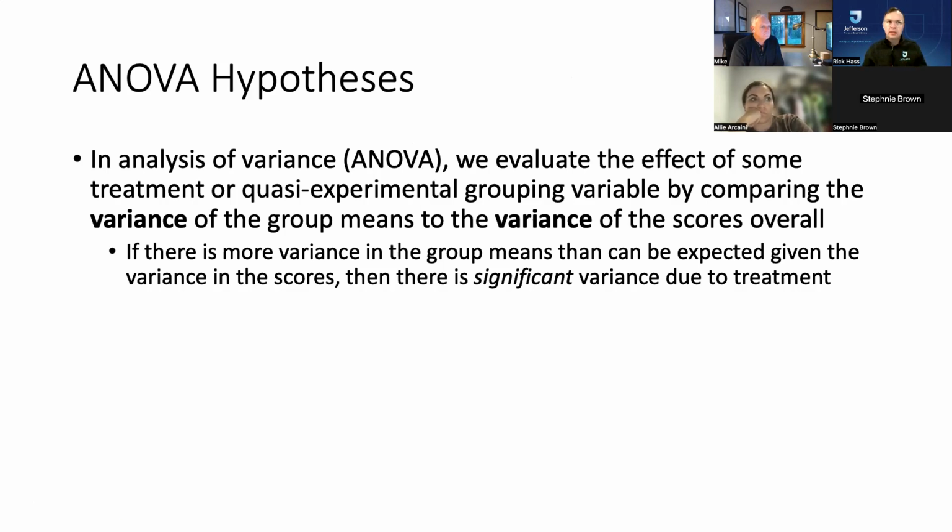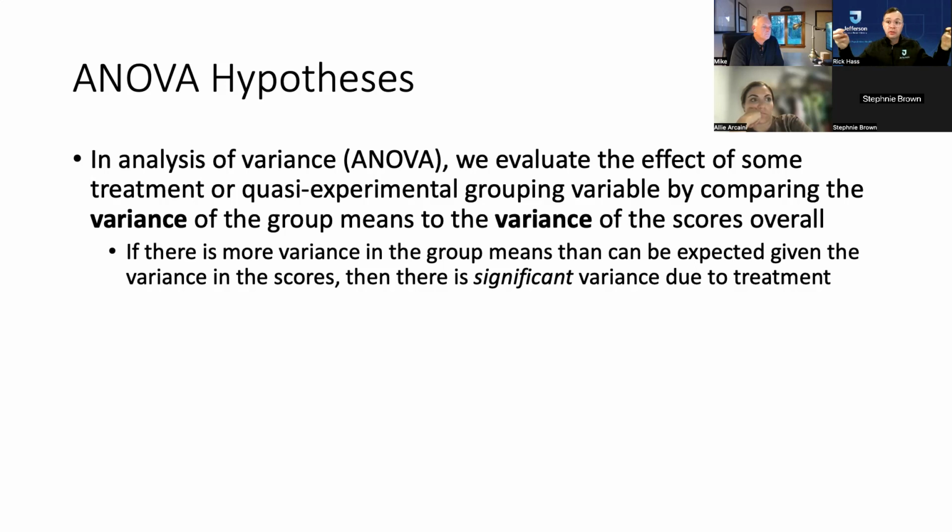We say, is there a lot of variation among the groups relative to what we should expect if the groups were all the same? Another way to say that is, do the group means vary a lot?